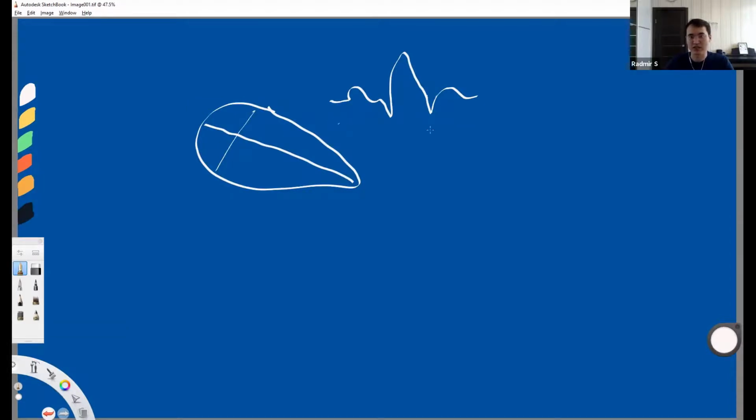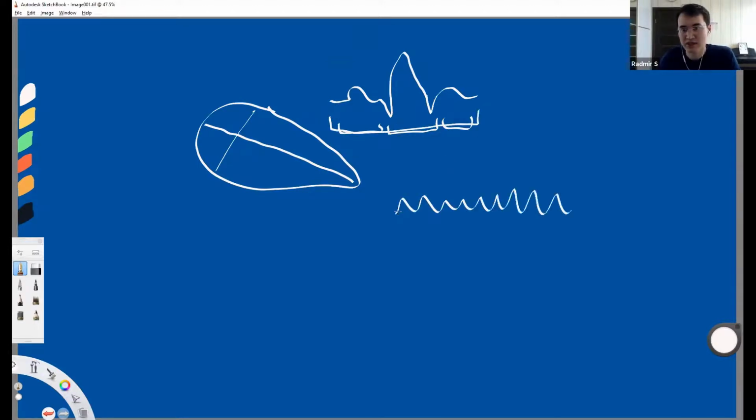So you can define these stages on the ECG. So what we have in the fibrillation, we have spontaneous contractions of all parts of the heart in an asynchronous way.